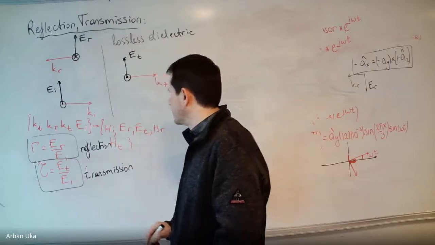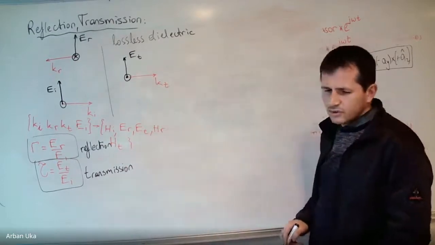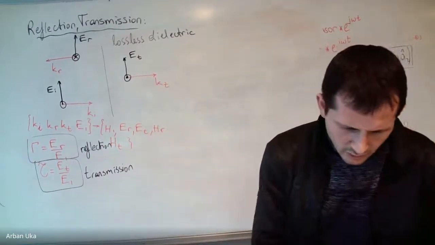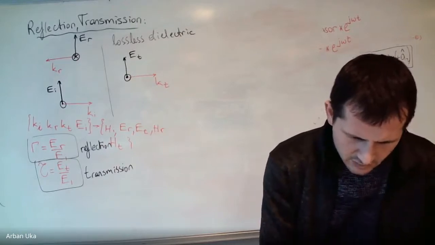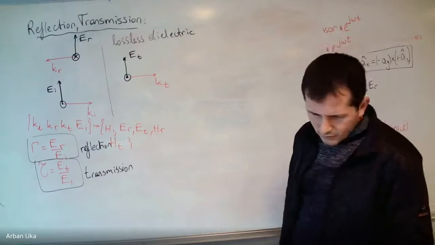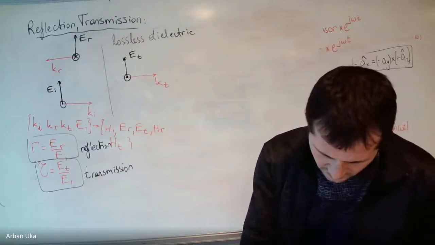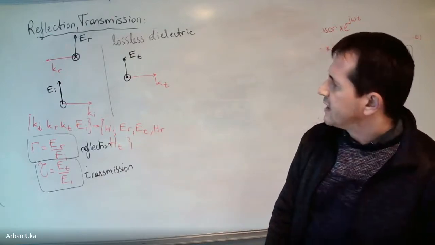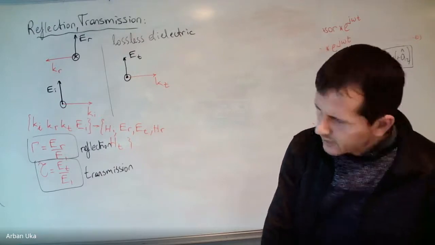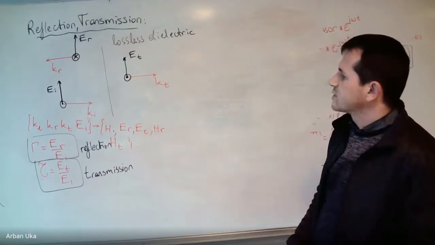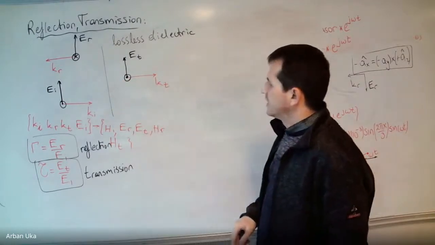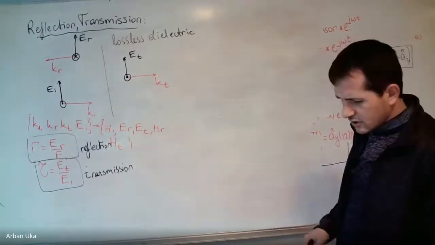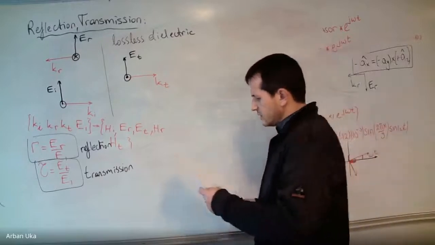And now we have to figure out how many knowns and unknowns we have in this case, because we had quite a few unknowns. Last time, I think we derived all of these expressions, we wrote the phasor notations for all of these, and after applying the boundary conditions, we found the following expression.